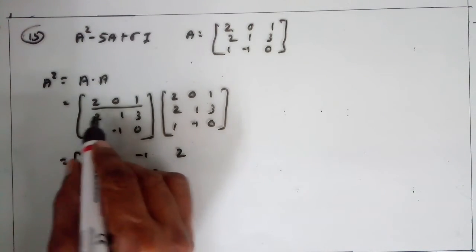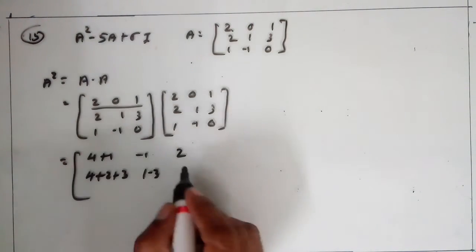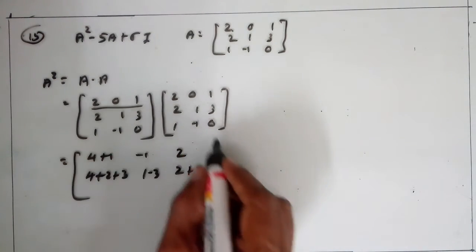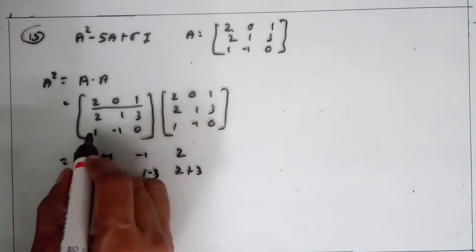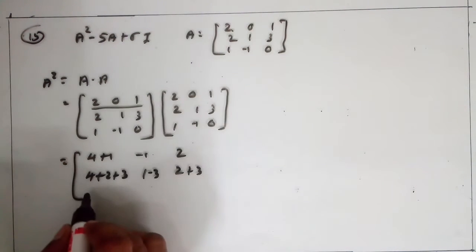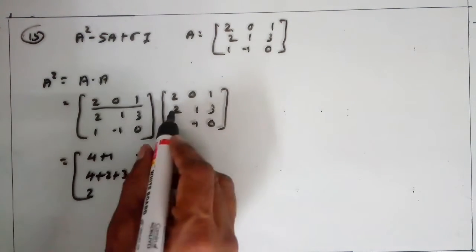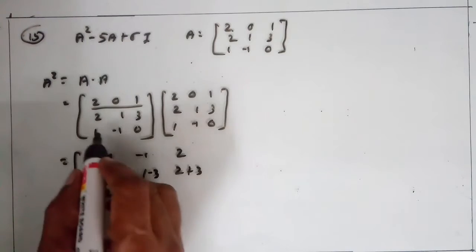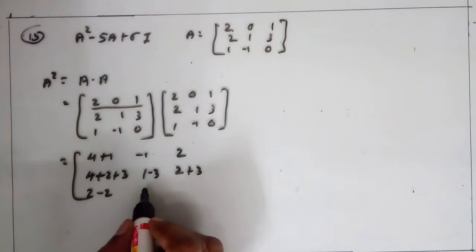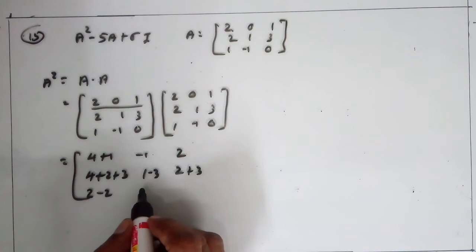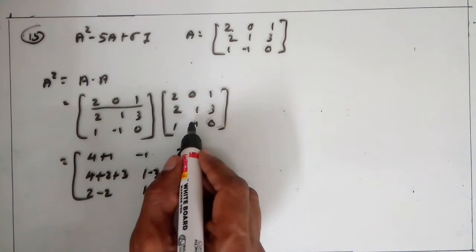Now with the last column: 2 into 1 is 2, 1 into 3 is plus 3, 3 into 0 is 0. Now the last row, that is the third row: 1 into 2 is 2, minus 1 into 2 is minus 2, 0 into 1 is 0, and 1 into 0 is 0, minus 1 into minus 1 becomes plus 1, 0. Clear this?